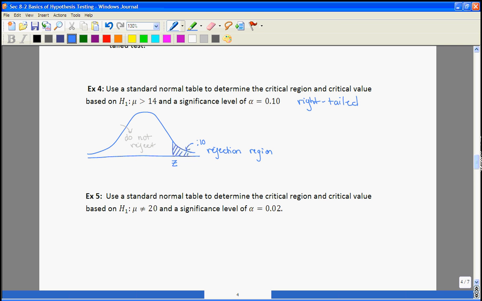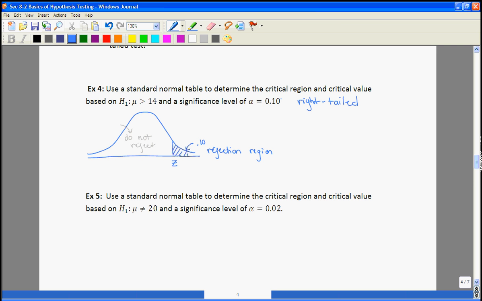Well, in your table, you're going to look until you find 0.1, or if you choose to use your calculator, you could use inverse normal. And looking on my table, and I don't have one here in the video, the closest I get to 0.1 is 0.1003. That's pretty close.